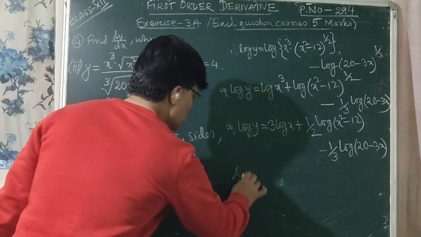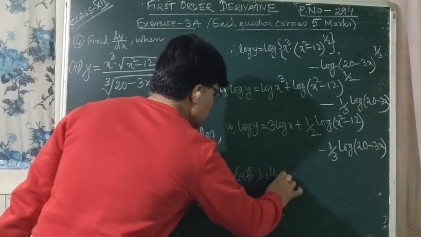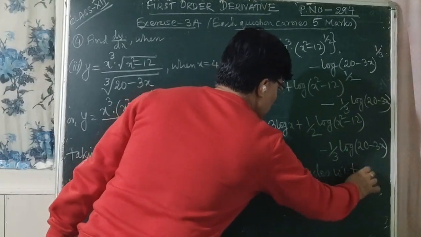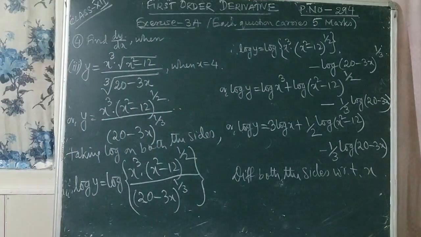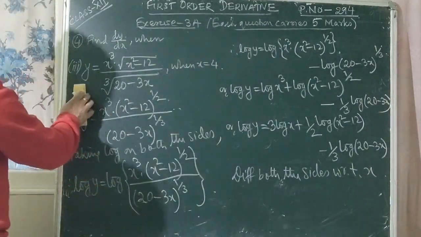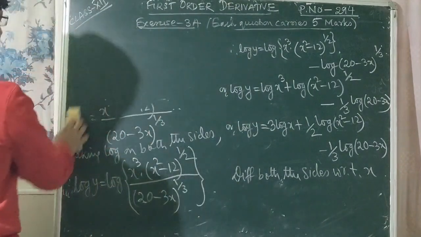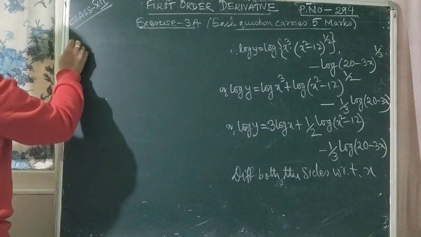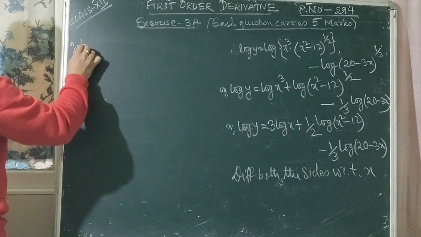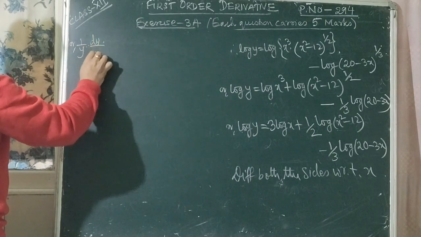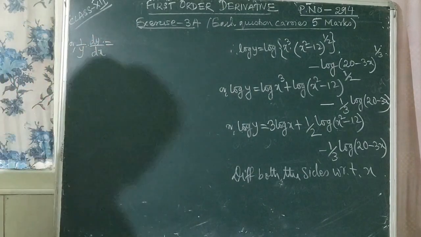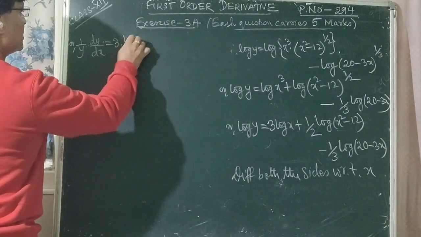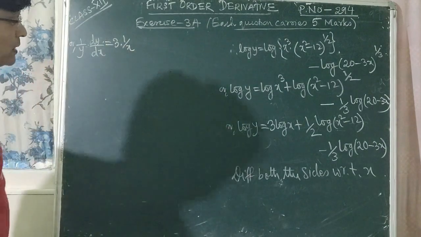Okay, so differentiating both the sides with respect to x. What is the differentiation of log y with respect to x? 1 by y into dy by dx is equal to, now differentiate 3 into log x, that is 3 into log x, differentiation is 1 upon x, right?